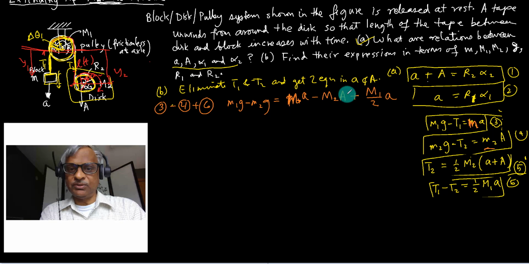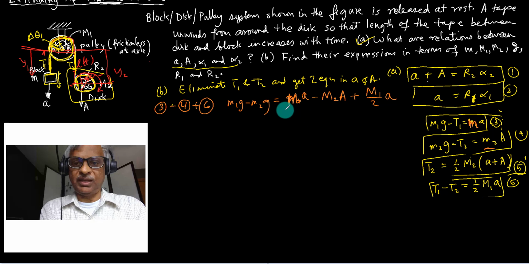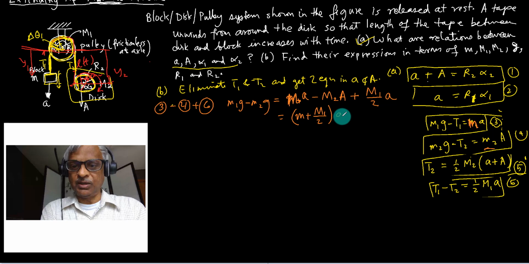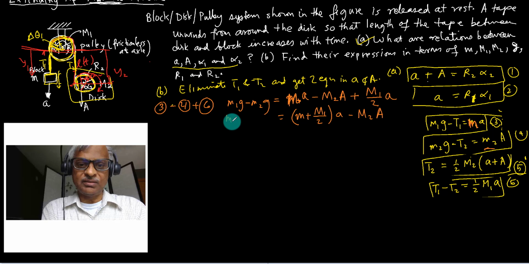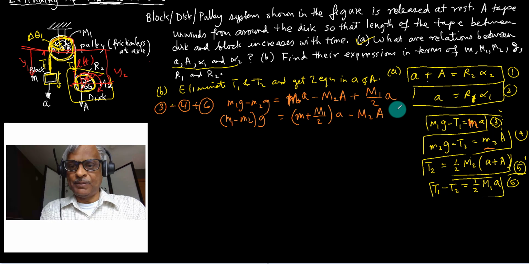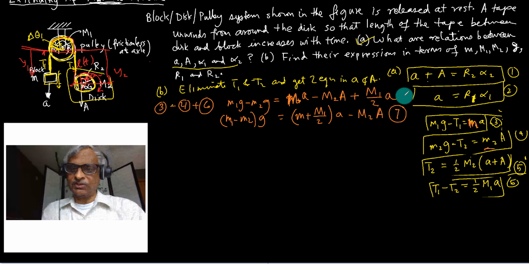So these are together. So this equation you can say is m plus capital M1 over 2 a minus M2a, and this is M1 minus M2 g. So let's call this equation 7, and I have a T2 here.